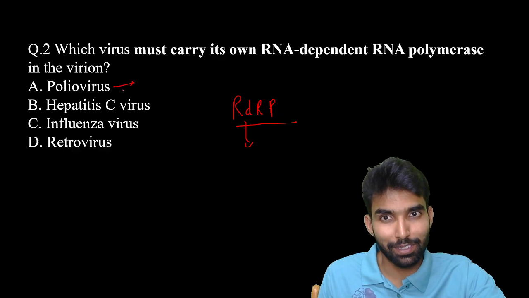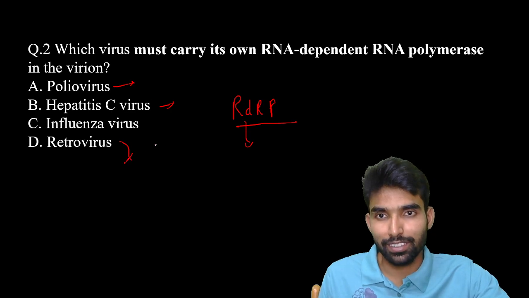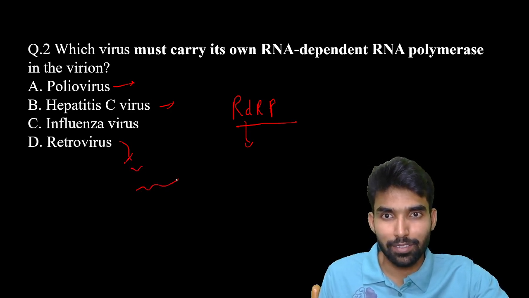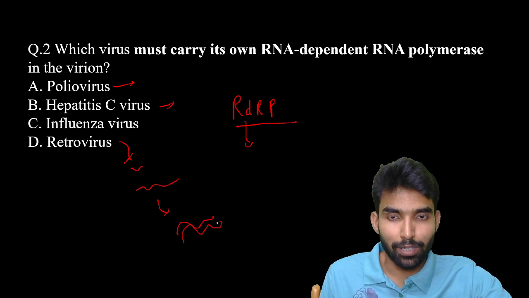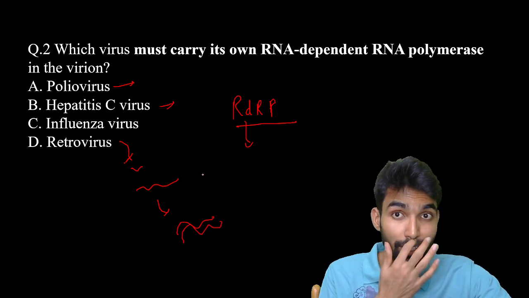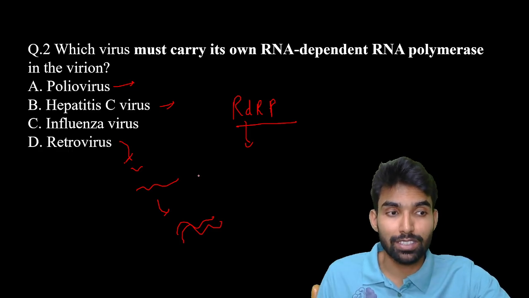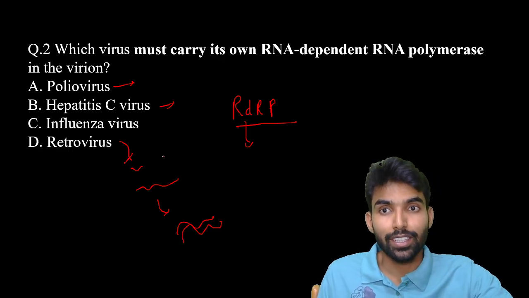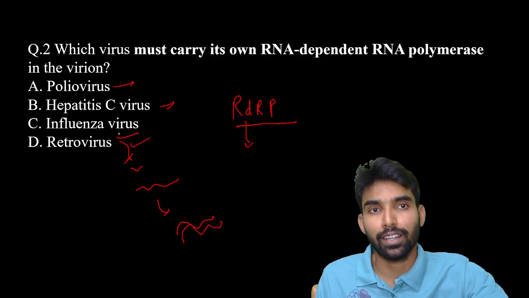Poliovirus, is this an RNA virus? Hepatitis C virus, is this an RNA virus? Retrovirus, which kind of virus is this? It has some RNA, from RNA to DNA. That means influenza. Of course, if RDRP is not there, what will it do inside the nucleus? Right? So influenza must carry the RNA dependent RNA polymerase.